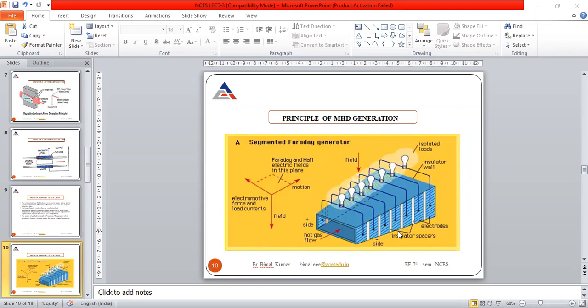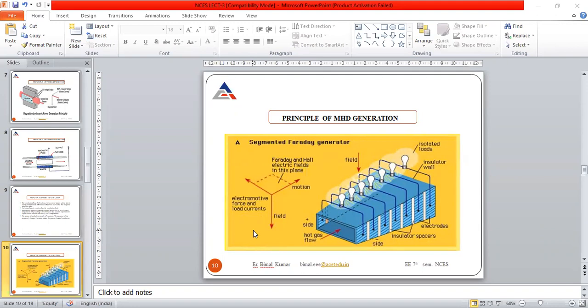Here is the insulator. Then, Faraday's and Hall electric fields will be induced in this particular case, right? Here again, these are three components which are placed at 90 degrees to each other.